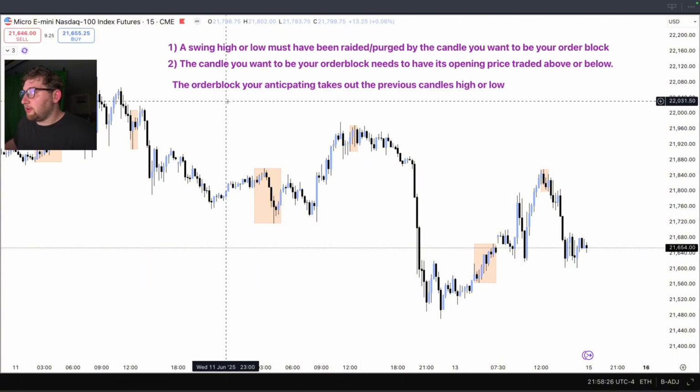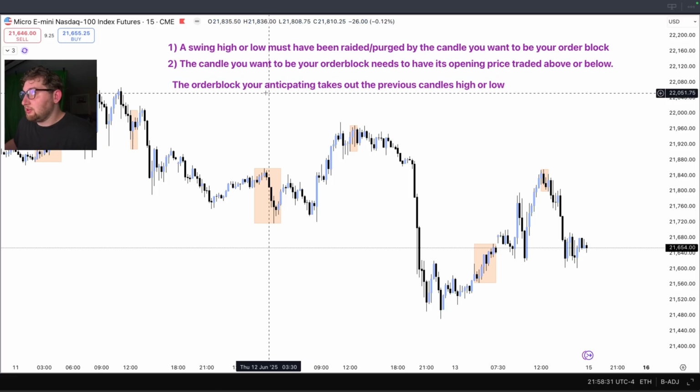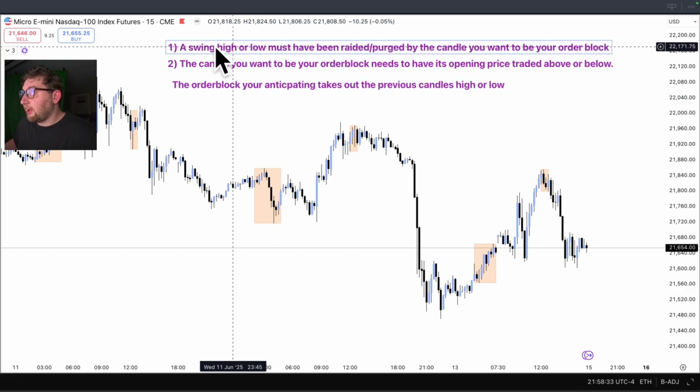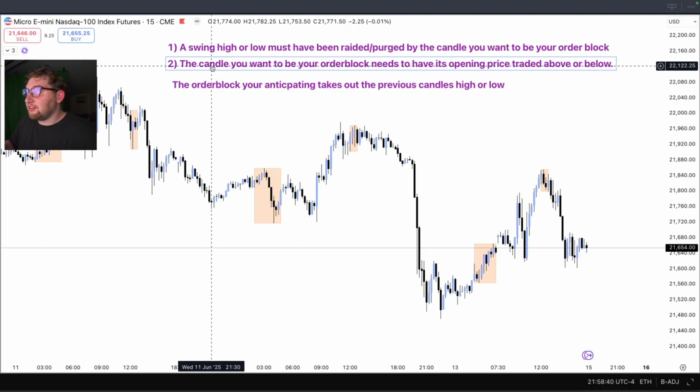If rule one doesn't happen and your swing point doesn't get taken, you at least need the candle that you want to be your order block to take out the previous candle's high or low. You need liquidity taken. You cannot use a candle that didn't take liquidity as an order block. They fail all the time.